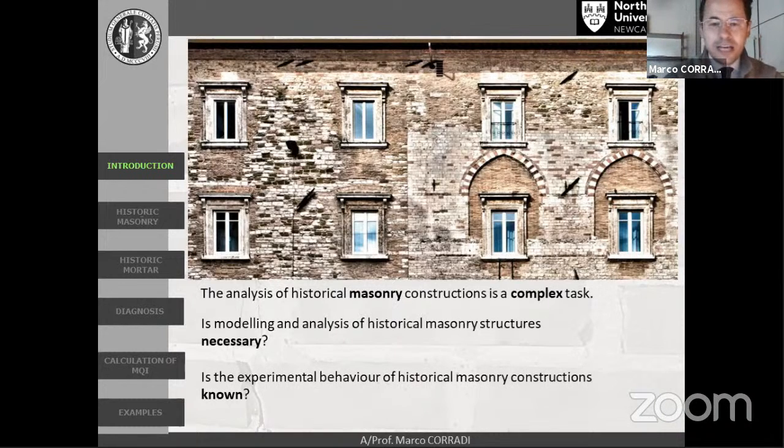If you look in detail at this building, it looks like, theoretically, a regular structure with eight windows, with equal spacing between one window and another. But if you look in detail at the masonry material, you will see some difficult things to take into account in a numerical model.